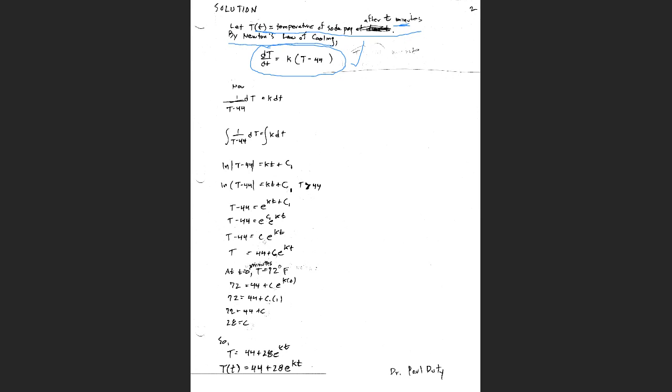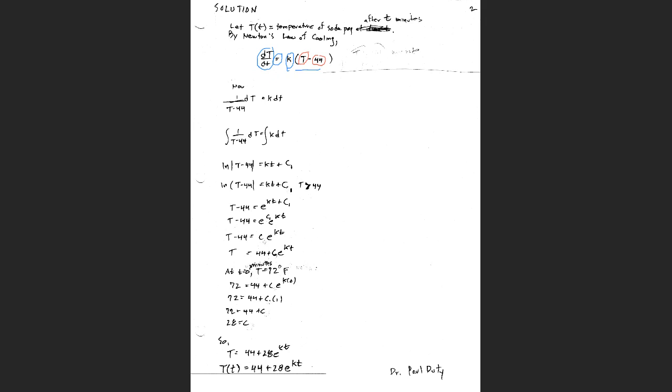So, let's hold on here. The rate of cooling is proportional to the difference between the temperature of the object at time t and its surroundings.